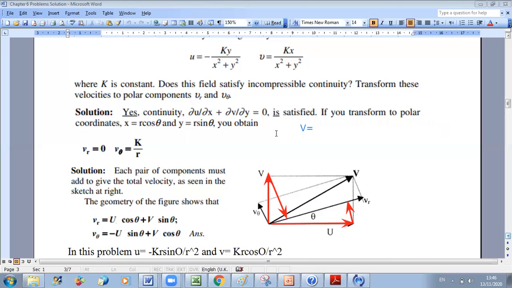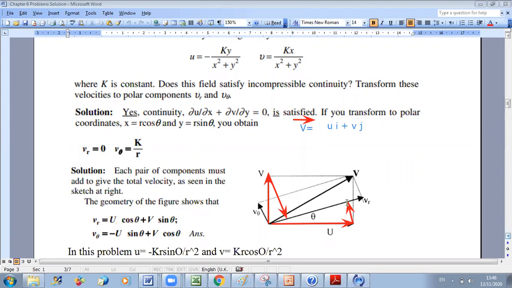So here I have the vector V, divided into two components, U along I and V along J, okay? Now if I want to decompose this vector into UR and U theta, I can say that this vector will be the summation of the component of U along UR plus the component of V along UR.